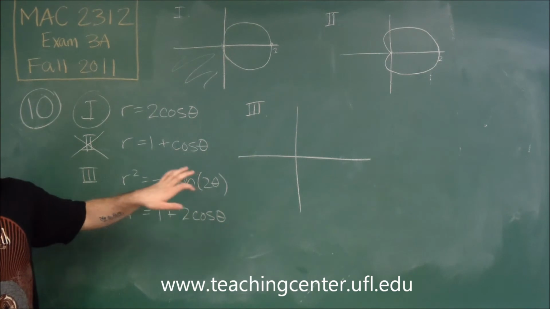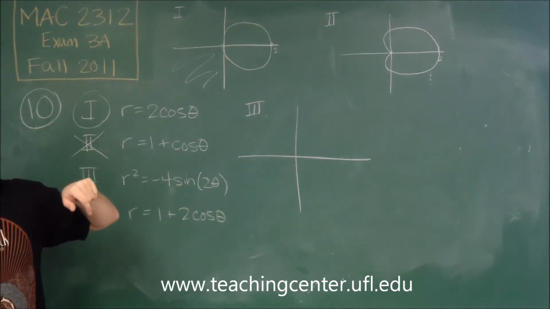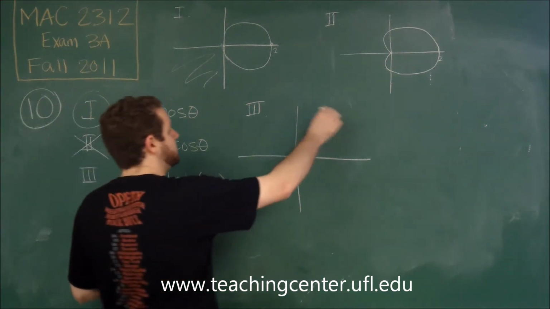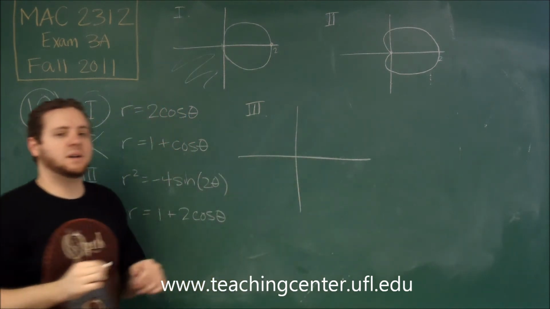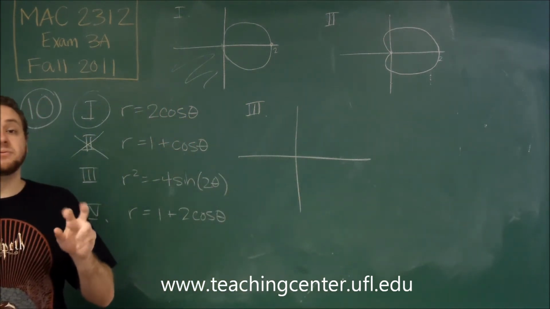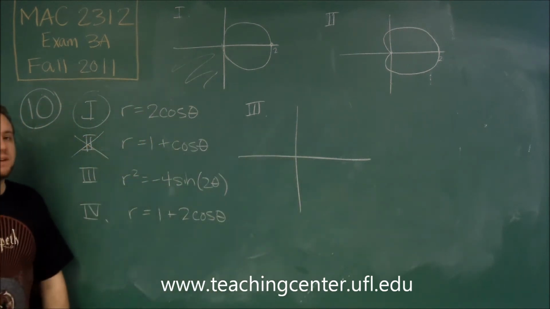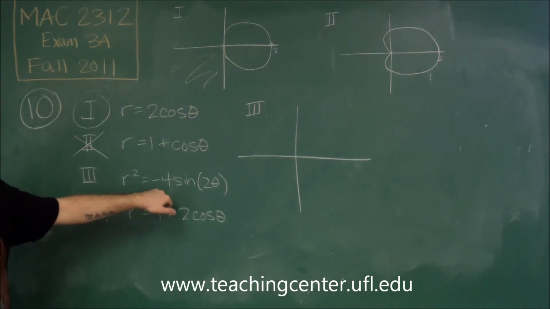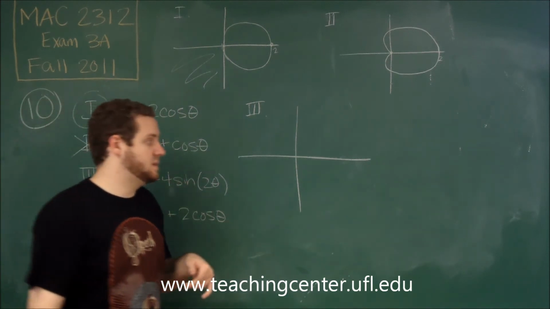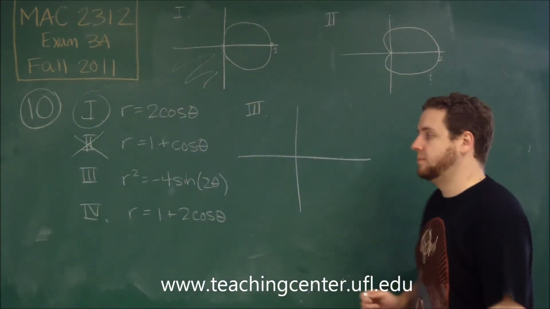For sine, you have a graph that has diagonal loops normally. For cosine, you have the infinity symbol graph, the horizontal loops. The difference here is that we have a negative sign in front, and that is something that you probably haven't seen before. So what does that do?